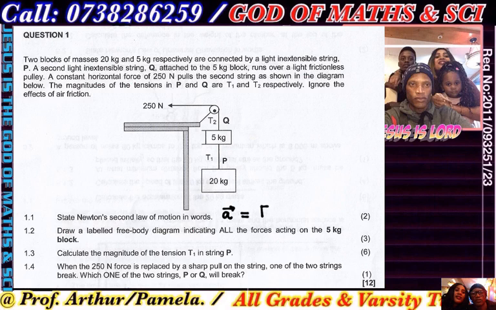Then he says it is directly proportional to the net force and inversely proportional to its mass. And the direction of the acceleration is in the direction of the net force. Those words I just said, that's what they wanted. They wanted it in words. This is in a formula way. I said what that formula says in words.